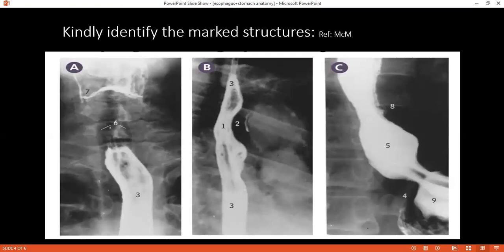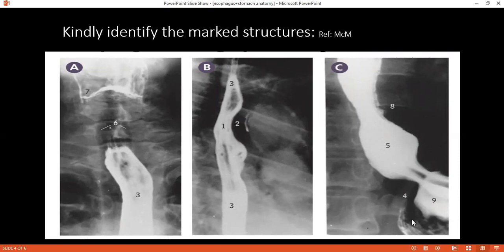All right. This picture C, 5 and 6. What is that? Okay, so this is the lower esophagus. The 4 is the lower esophageal sphincter.